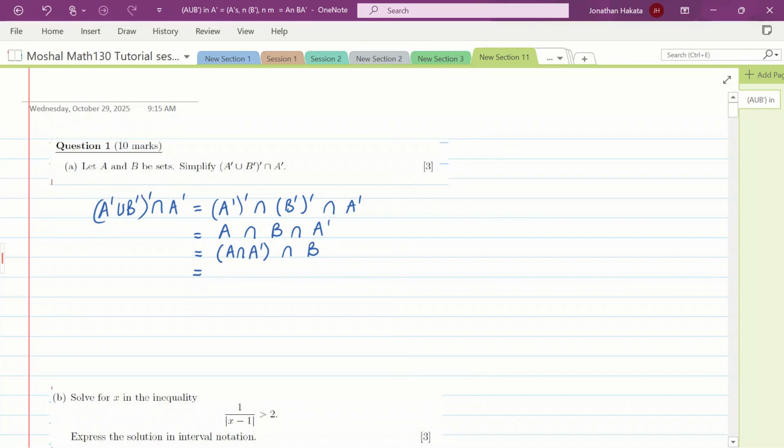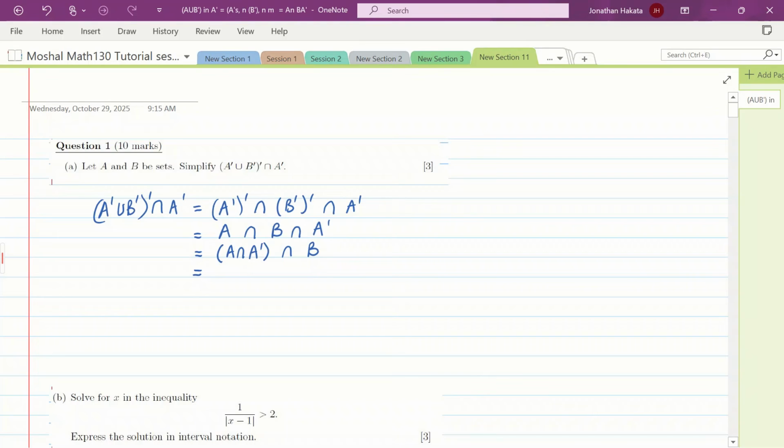Are we together, guys? Yes. Okay, I want you to tell me what would be this part. What is A intersection A complement? What do you think is the answer there? A intersection A complement. What do you think is the answer for this part in brackets?